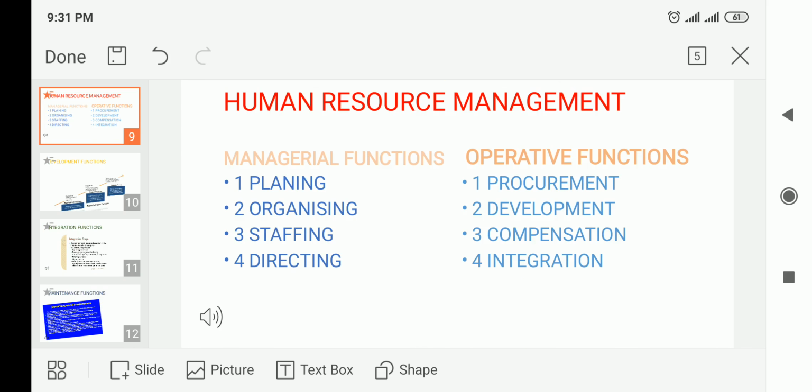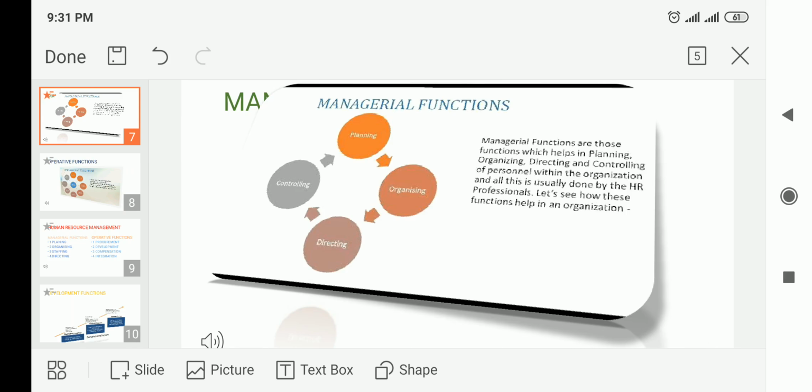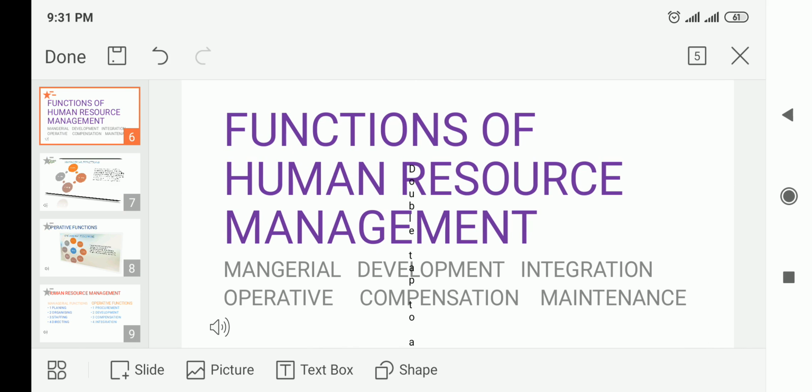Now take out the pen and register, everyone, so that we can do the question answers. Question number 1. Give the functions of HRM, or give the 6 functions of HRM.